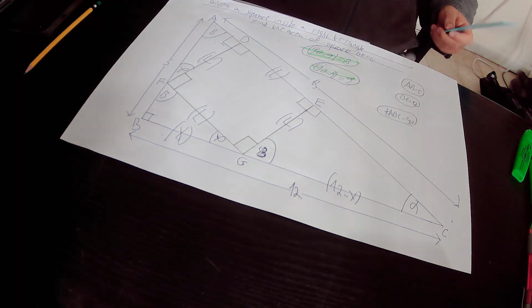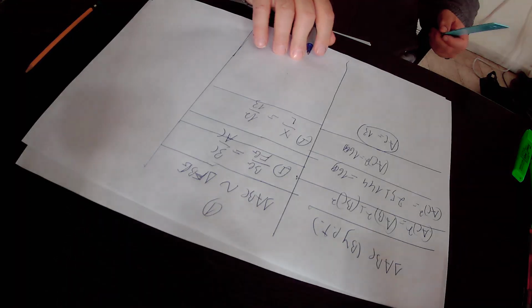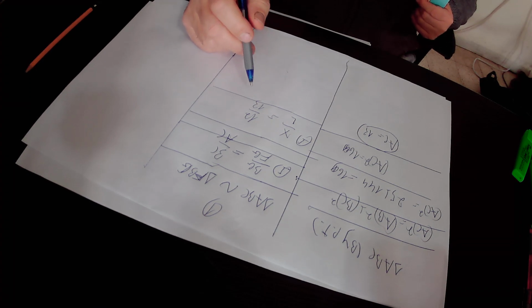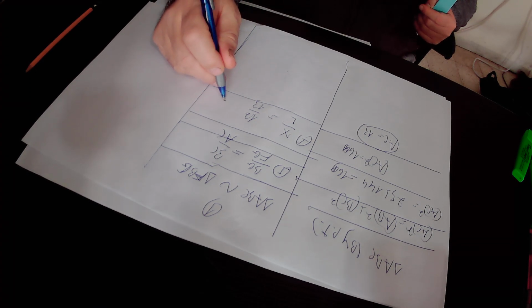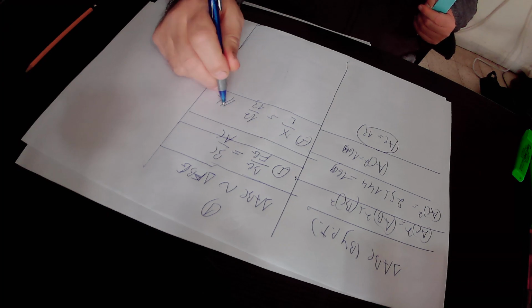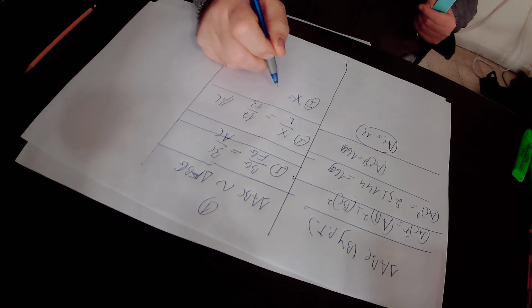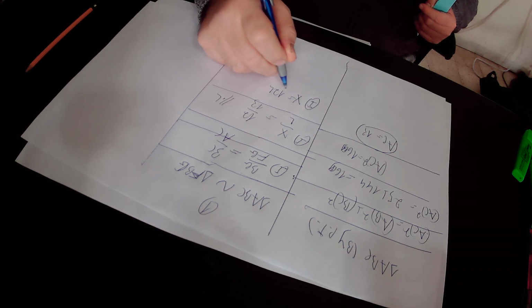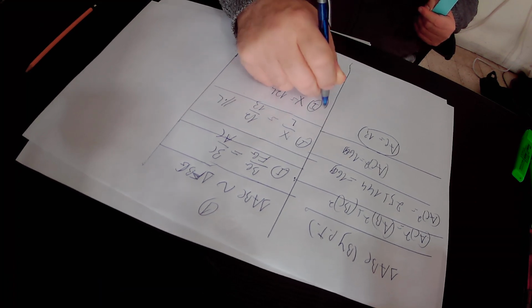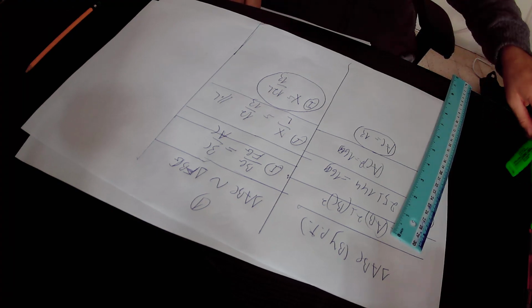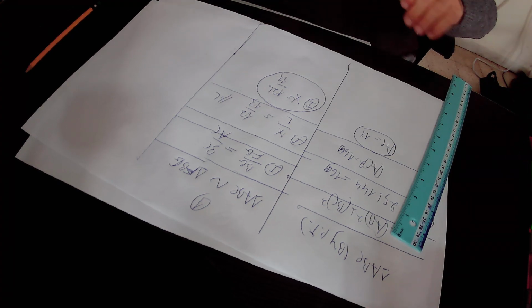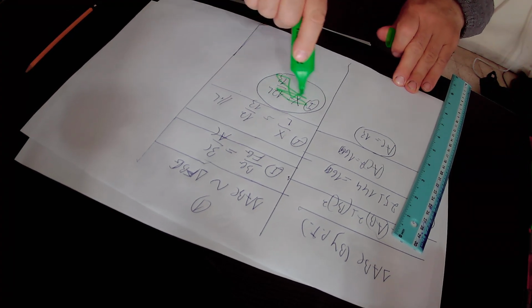In conclusion, we found that according to equation 1, X over L equals 12 over 13. Here we multiply equation 1 by L, and finally we get that, according to equation 1, X equals 12L over 13.